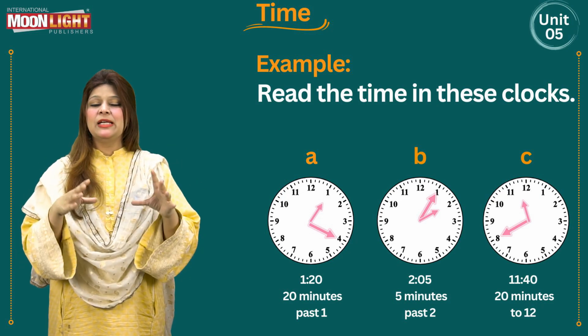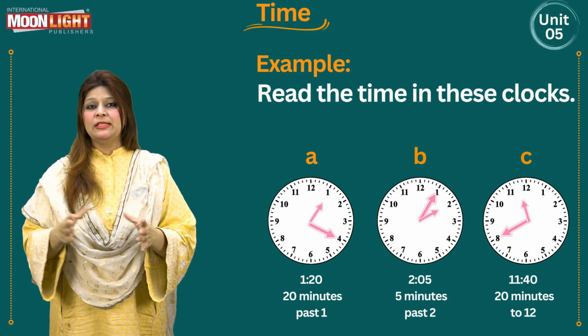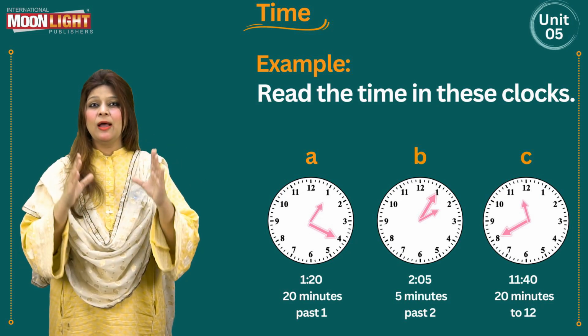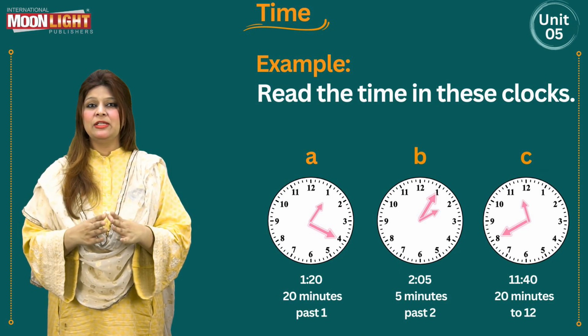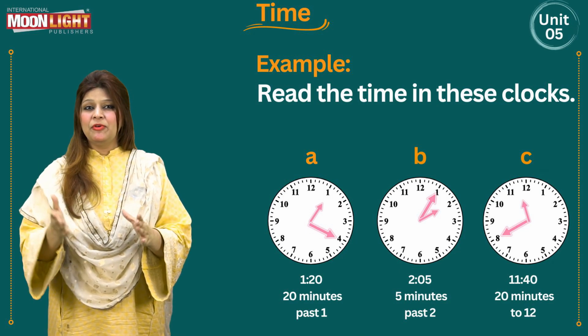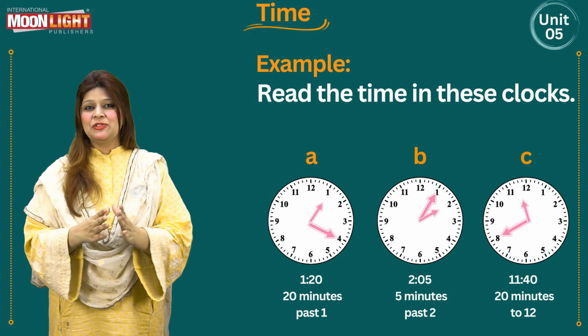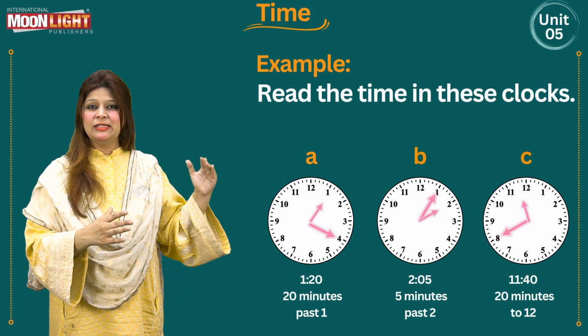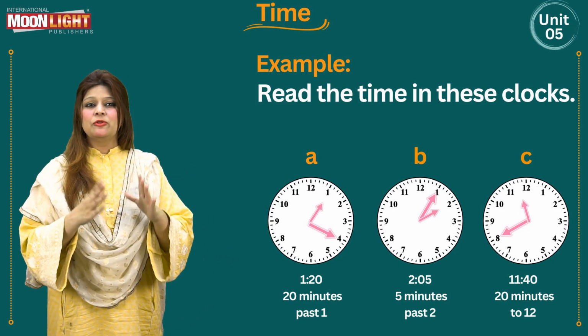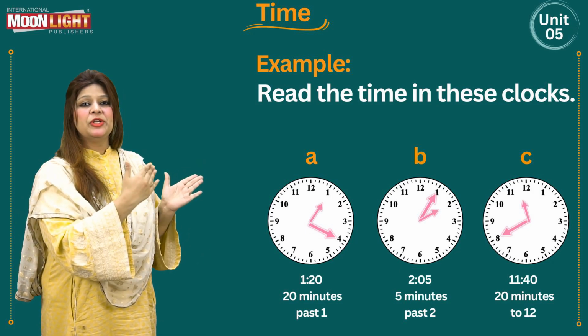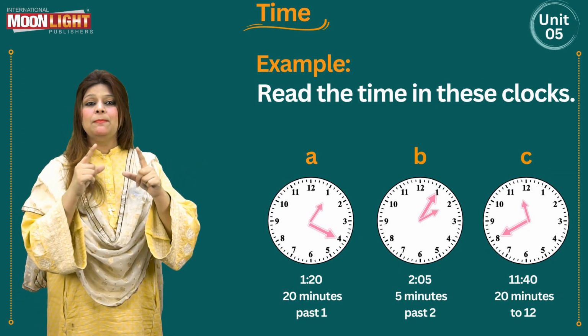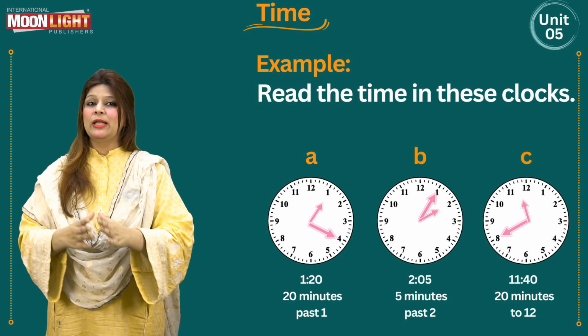So the minutes interval is divided into 5 intervals, or we can recall the 5 times table by counting the lines. You can also do it. So right now we can also read it as 20 minutes past 1.